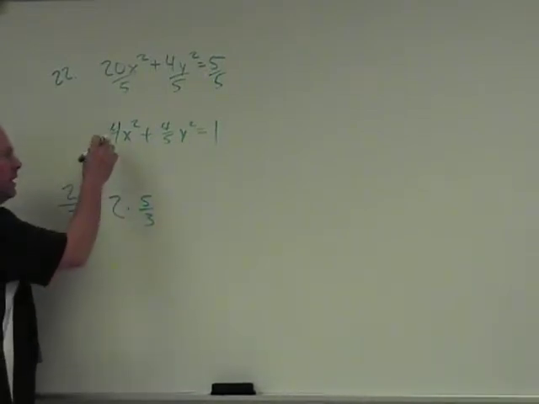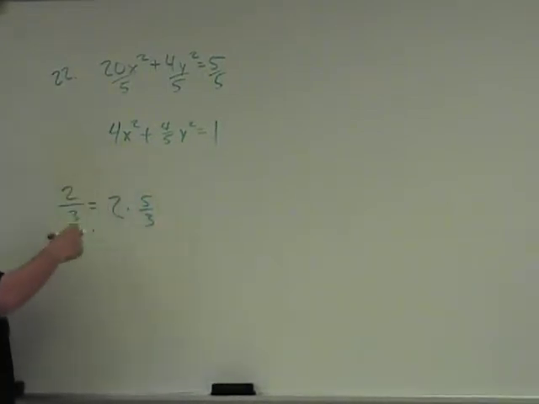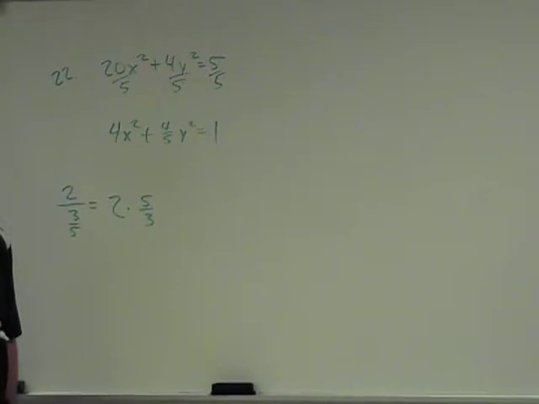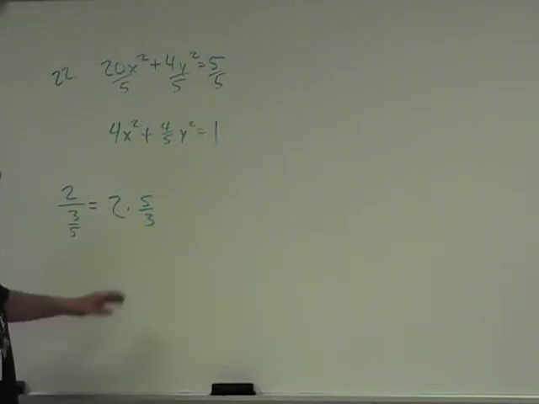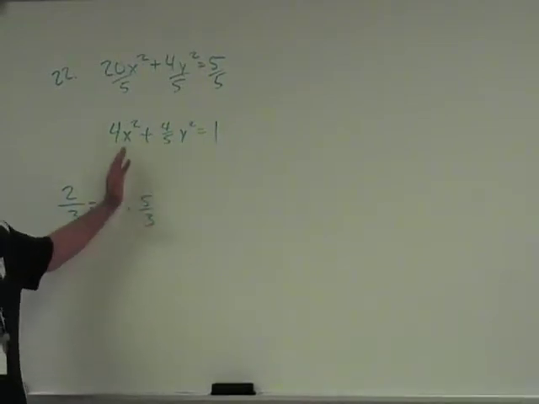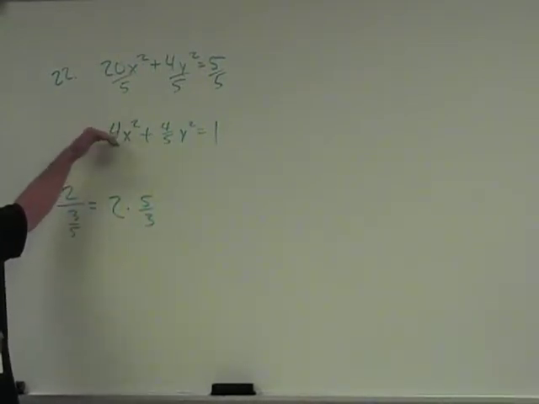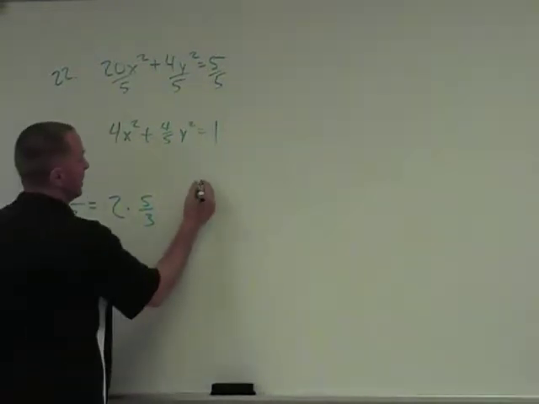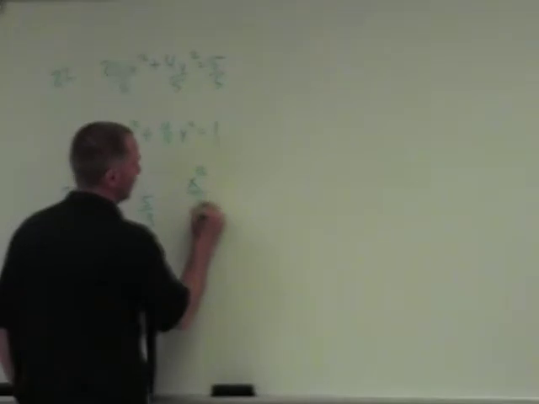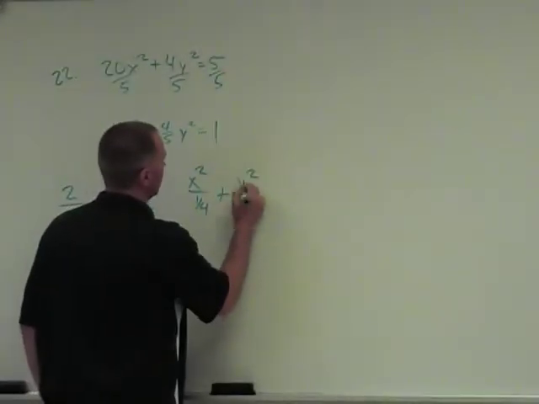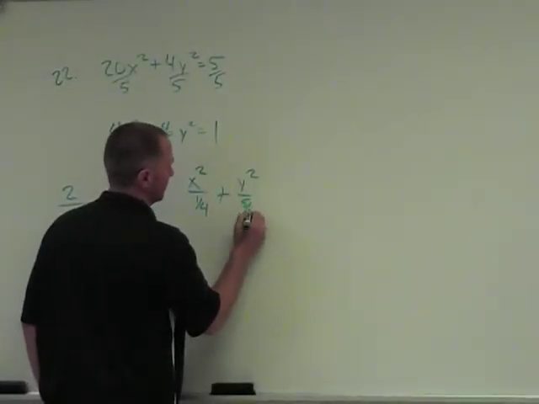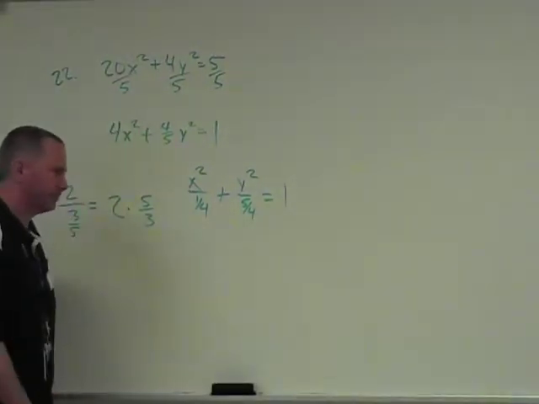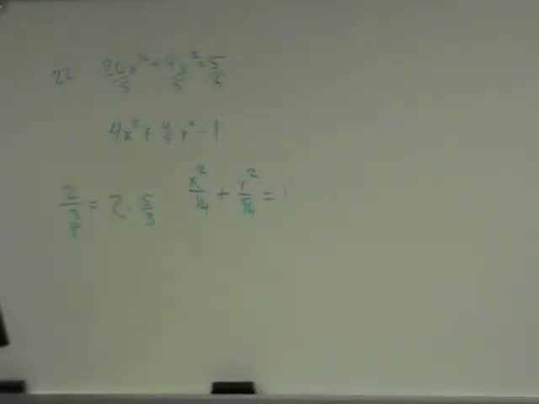Having said that, how do I put 4 in the denominator? Multiply by 1/4. You multiply by the reciprocal, meaning move the 4 totally out. So it's x squared over 1/4 and y squared over 5/4. It's manipulation.